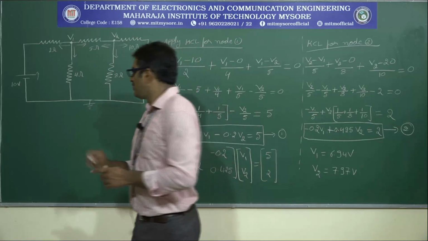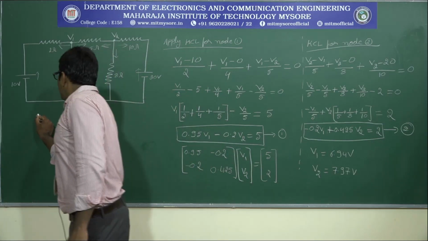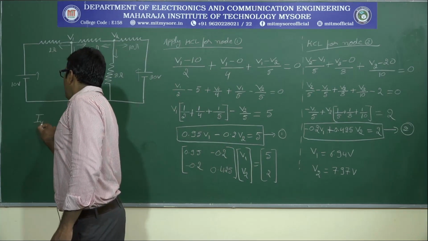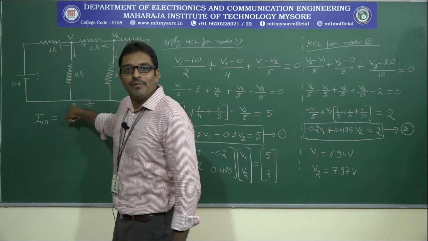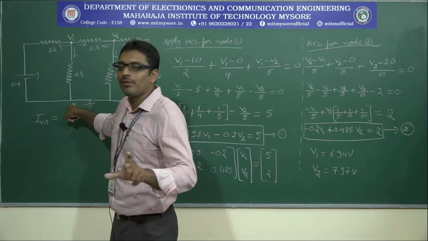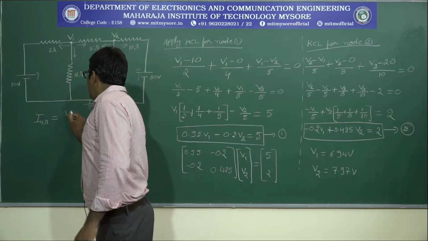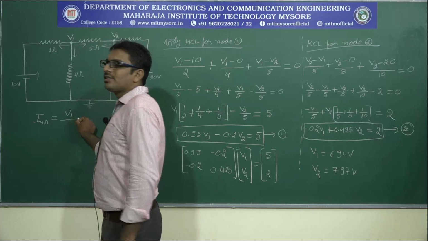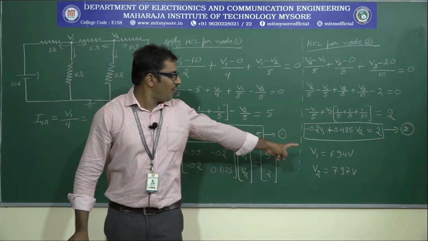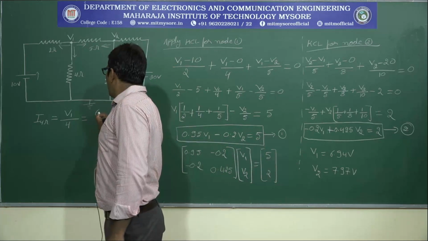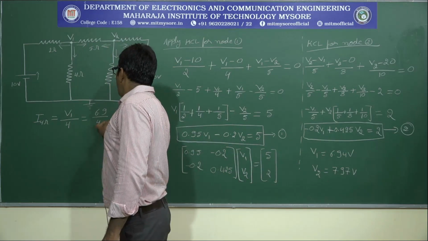Potential difference. So, let me indicate like this. Current through 4 ohm resistor is equal to V1 minus 0, because that is the voltage across the 4 ohm resistor. So, V1 divided by the resistance value, 4. We already know the value of V1, that is 6.9 divided by 4.